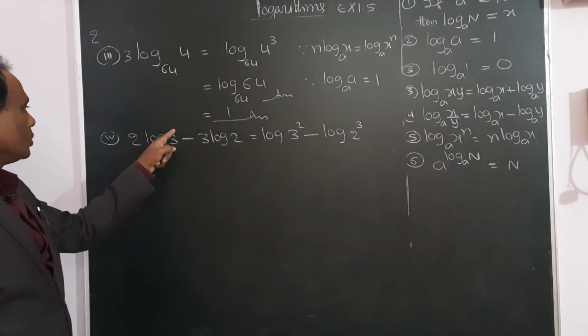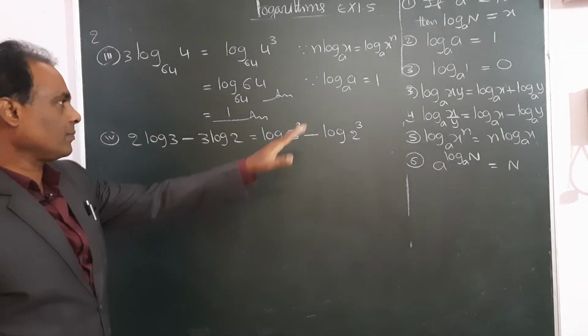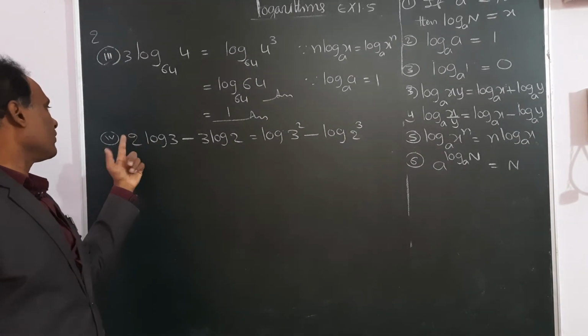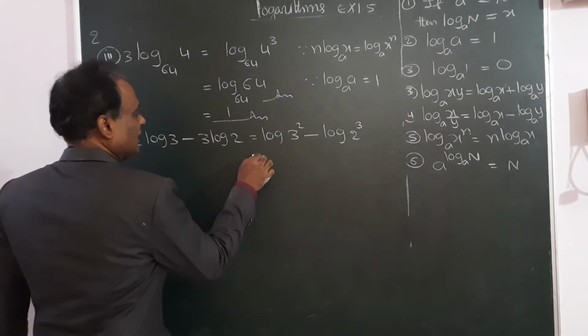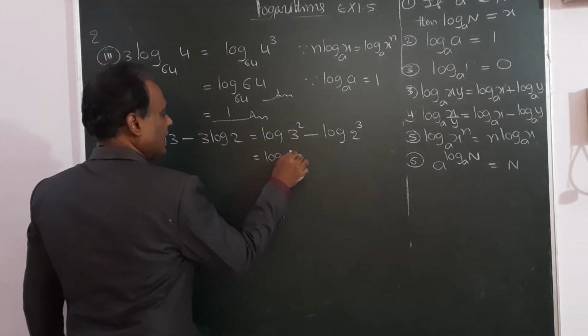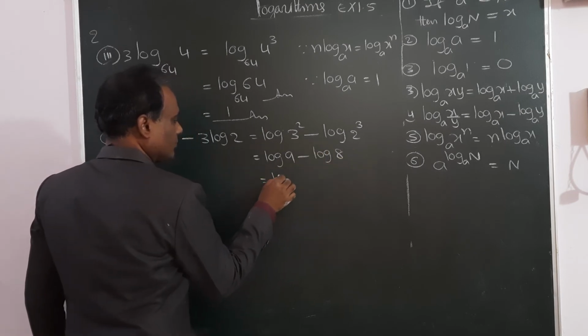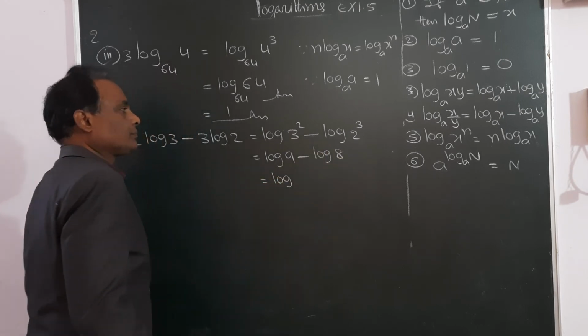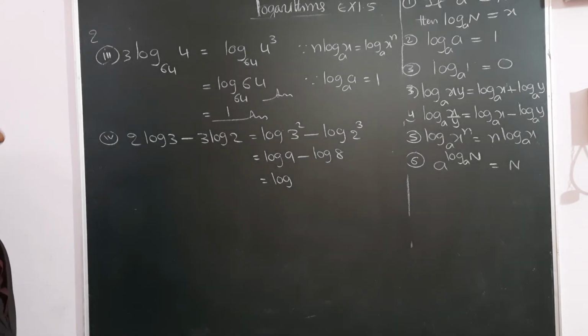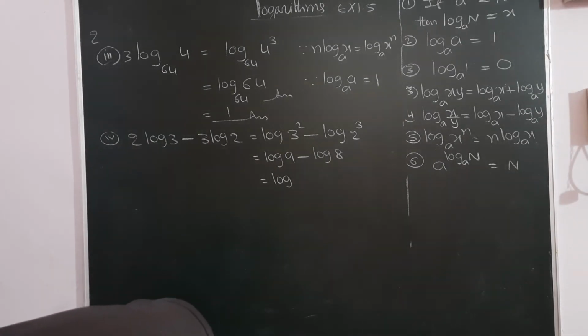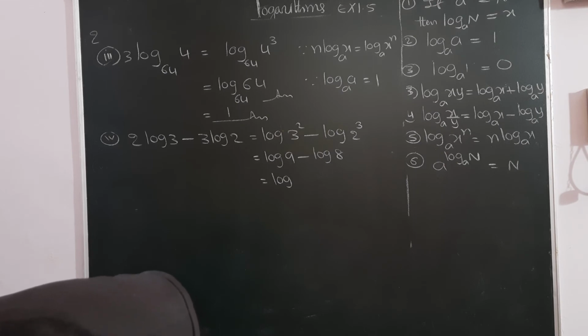Same exponent power formula in reverse order. 3 square is 9. 2 cube is 8.